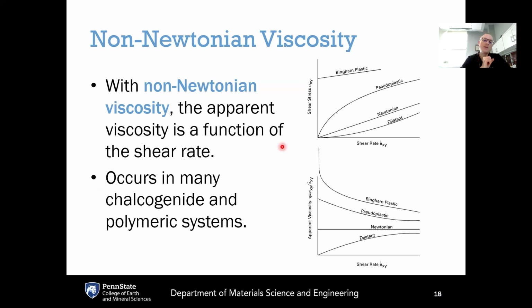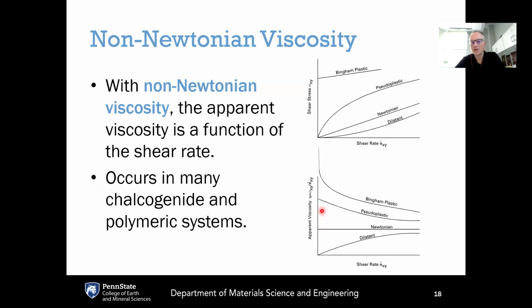But at the end of this lecture, I just want to point out a few special cases of viscosity. Everything we have discussed up to this point has considered Newtonian viscosity, which is a linear relationship between the applied shear stress and the shear strain rate in response to that shear stress. What this means is that for a Newtonian fluid, there is a single value of viscosity that is independent of the shear rate.